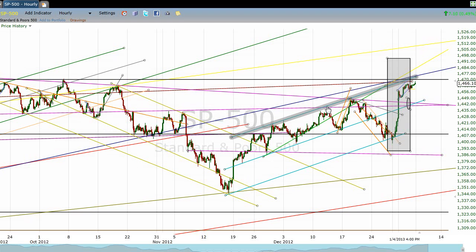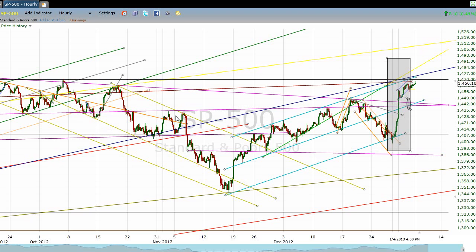But if you say that this is the correct neckline, then we had a dip here and then a double dip. It's just we got over this neckline very briefly. So here we have big dip as far as the size and duration, little dip, head, little dip, big dip. So that kind of makes sense.